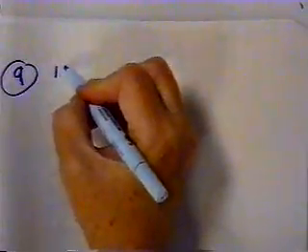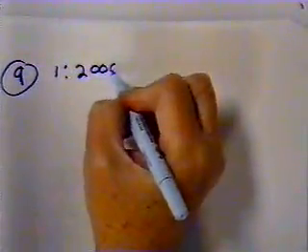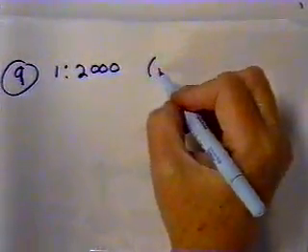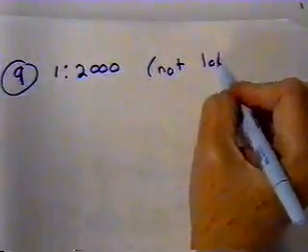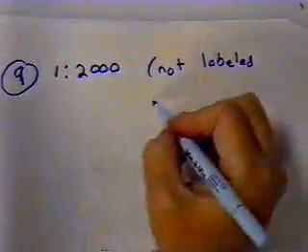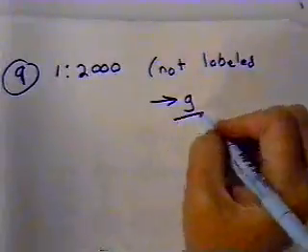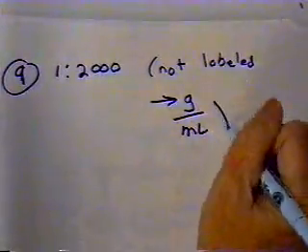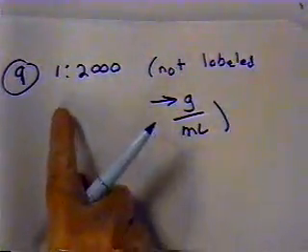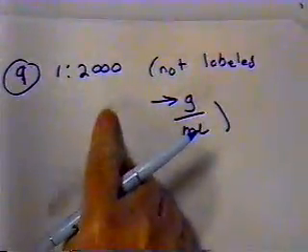Number 9 says we have a 1 to 2,000 solution. Now, anytime it is not labeled, we have to label it grams over milliliters. Now, the ratios we said could be anything if you label it.